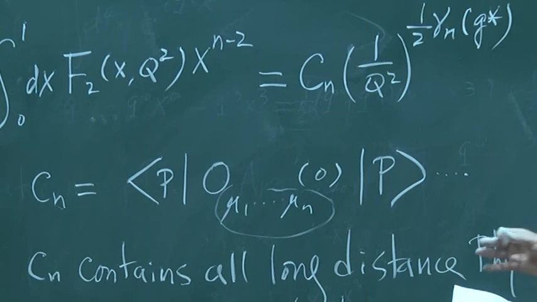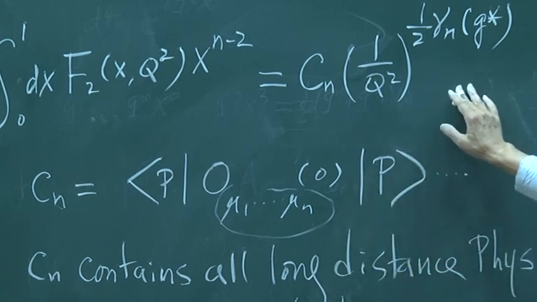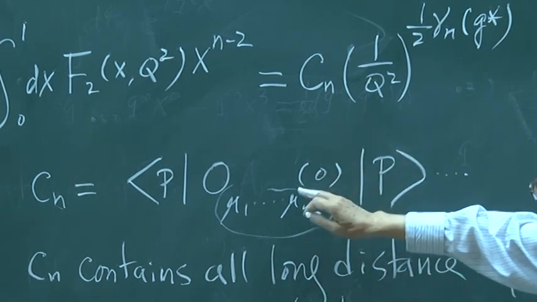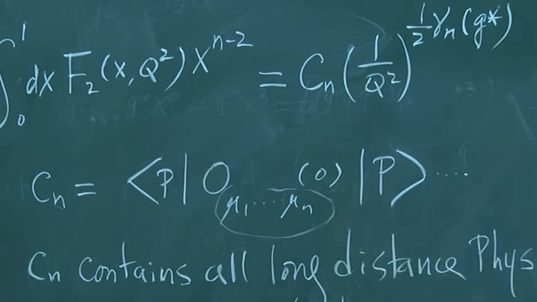So the beauty of this light-cone expansion is to separate the long distance physics and the short distance physics into this form. And the C n contains all the long distance physics, and this is non-perturbative. Oh, actually, I should say that I will come to that when I get to the asymptotic freedom.